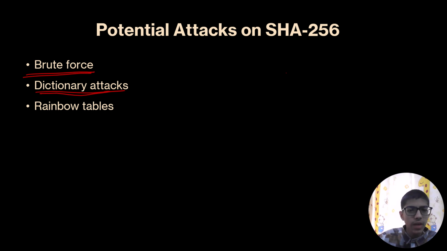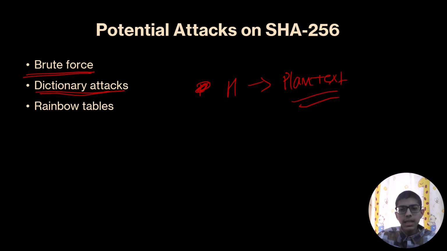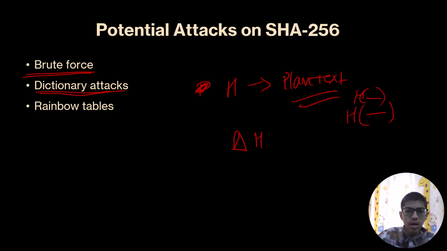For dictionary attacks, the hackers calculate the hashes for potential plain texts with high probability and then calculate the differential characteristic for hashes of different plain texts in order to receive the hash function.